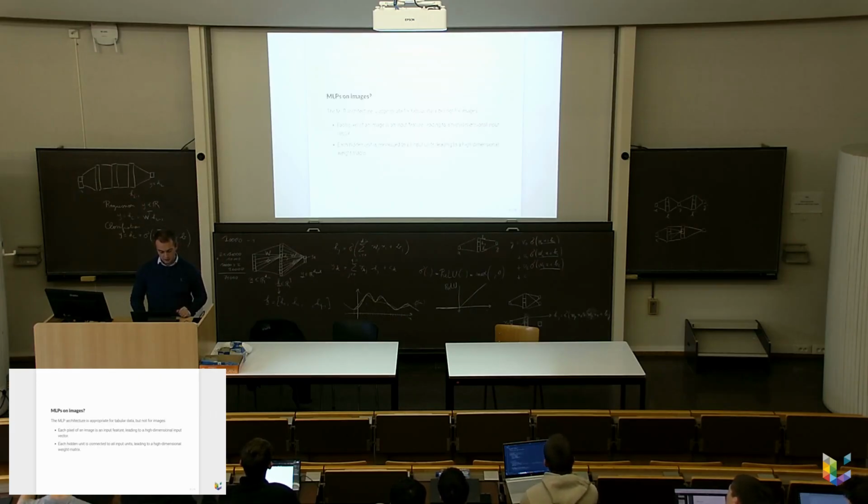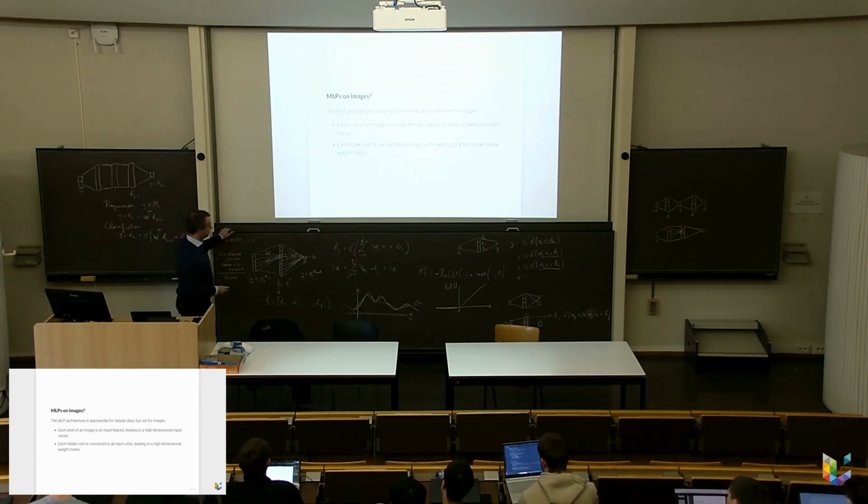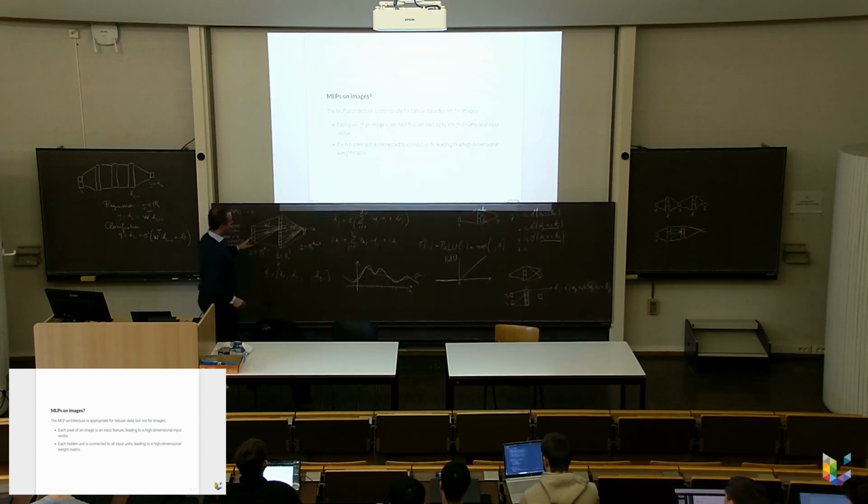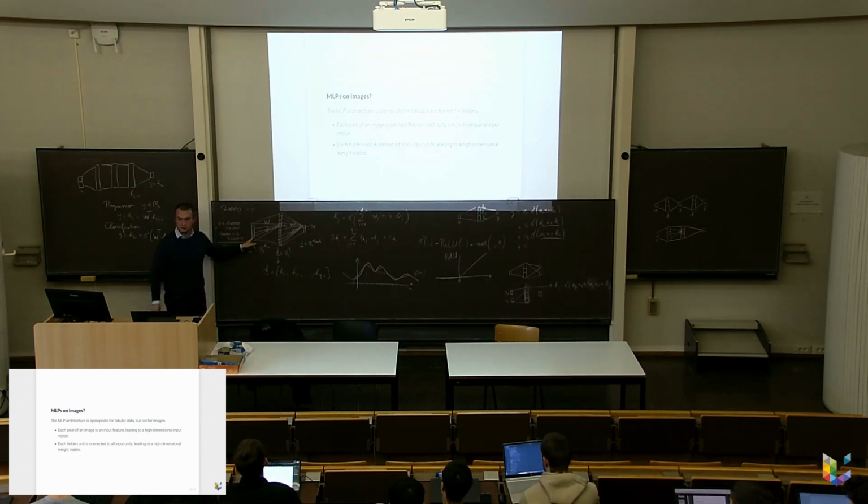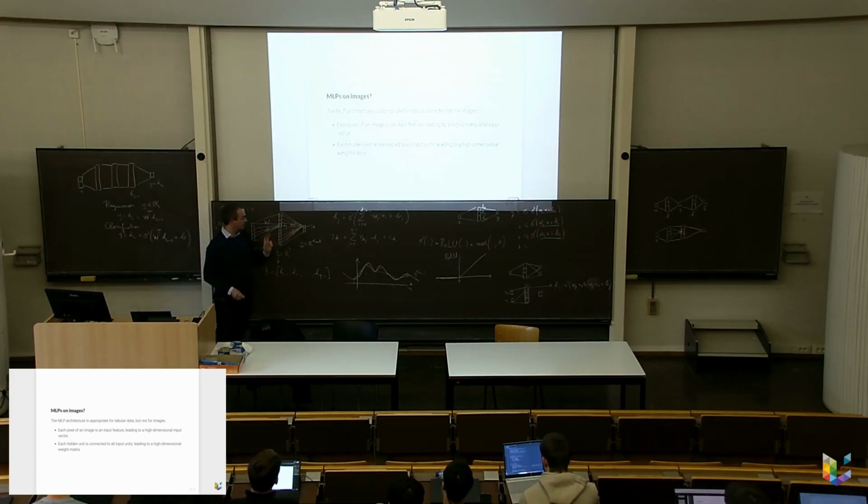And one first instance of this issue is, what do you think would happen if you were trying to train one of these MLPs on images? Okay, if we go back to our initial problem, you would have images of cats and dogs, and you want to predict a binary outcome, cat or dog.